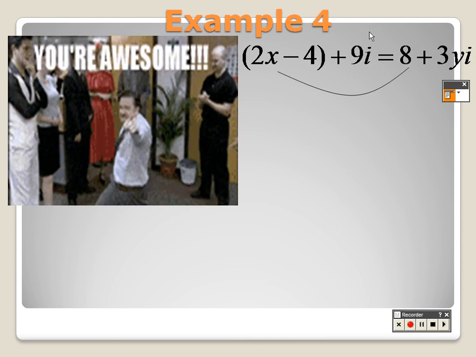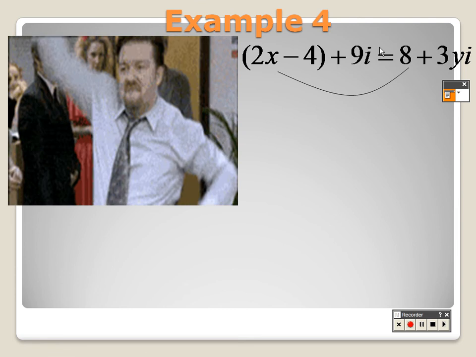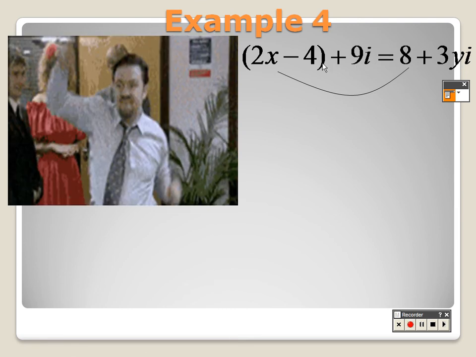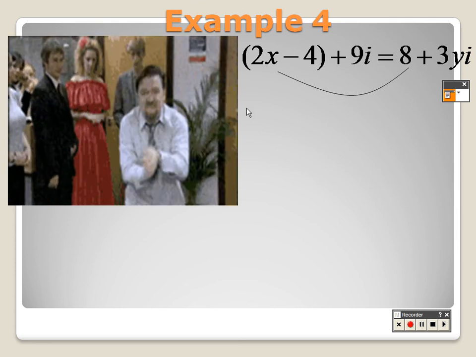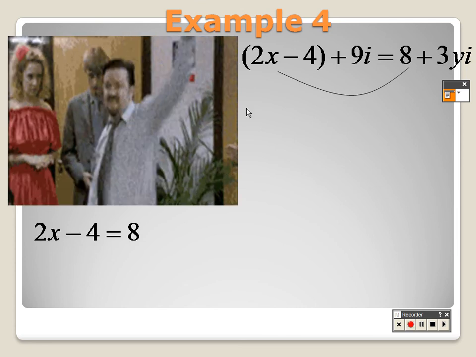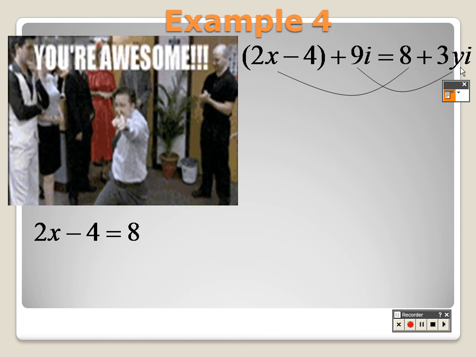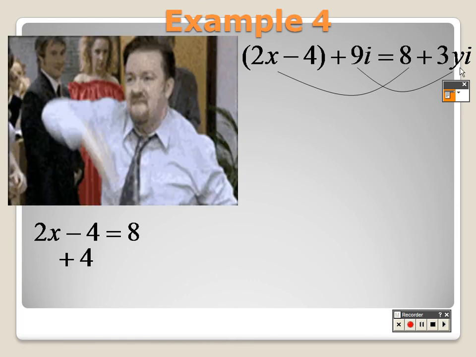I know these back two parts are supposed to be equal because I have an i there and there, so I know that they're supposed to be the same. That means the front parts have to be the same. So basically I have two equations I can set up. 2x minus 4 equals 8, and then the other equation I have is 9i equals 3y plus i.